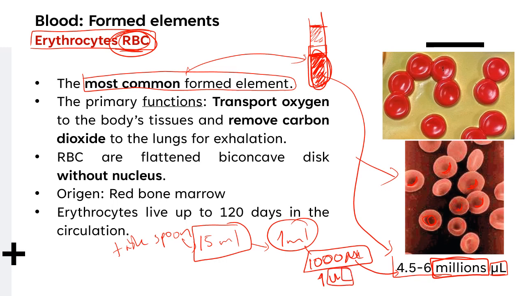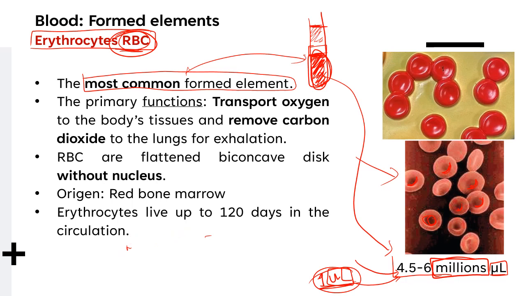So in one single microliter, you have 4.5 to 6 millions of red blood cells. That is an insane amount of cells in such a small volume. So we have a lot of them.